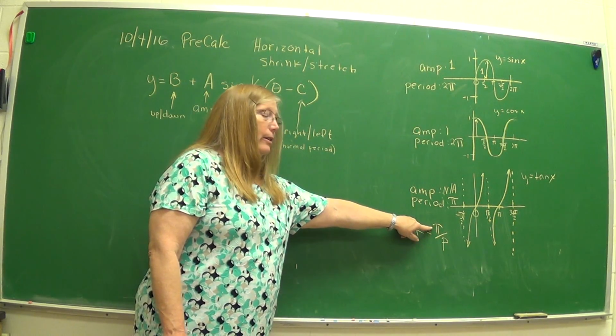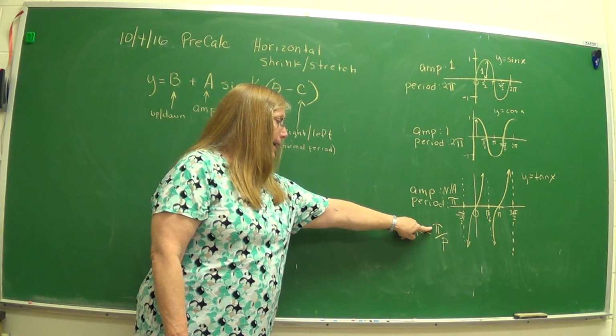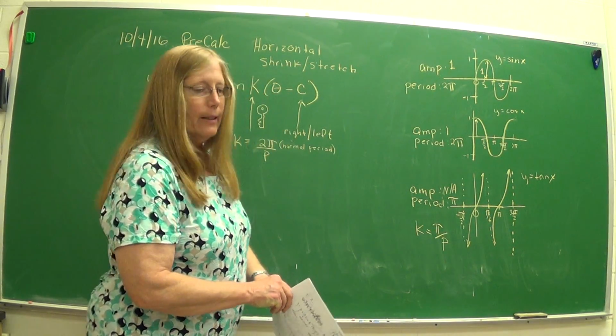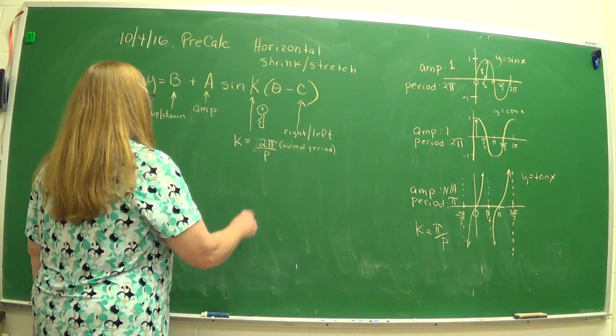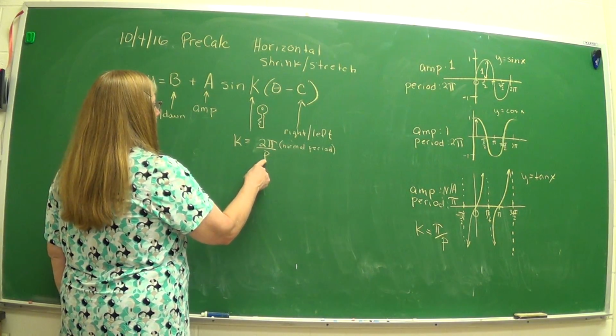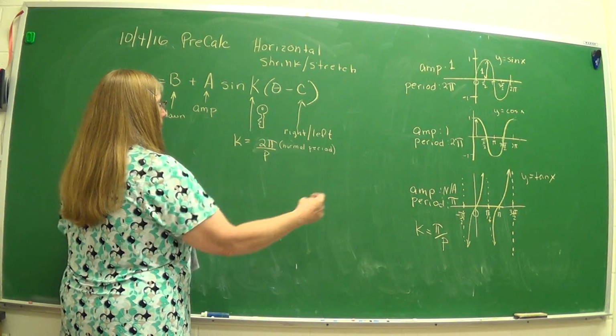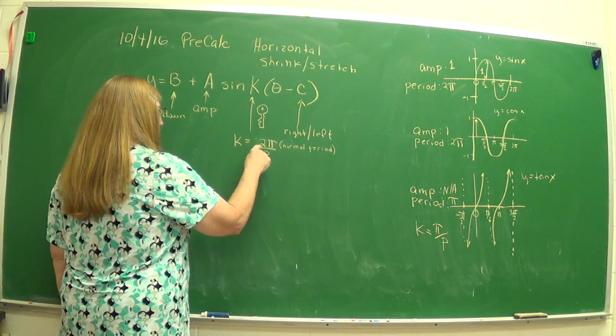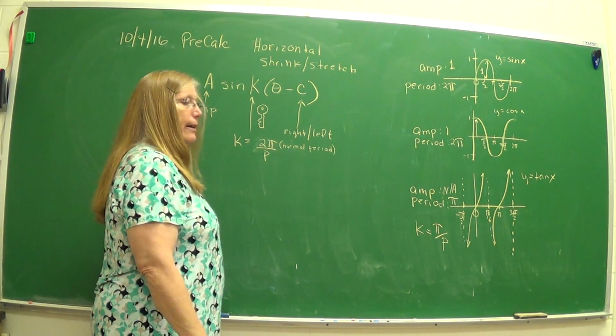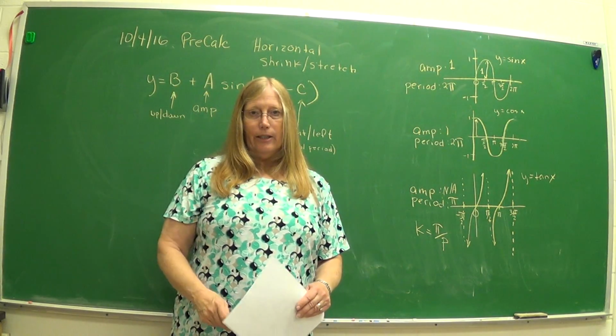K is the normal period for tangent, pi, over the period. The shrinkage or the stretching in the horizontal direction will cause a new period. Once we know that new period, P, we can sketch it.